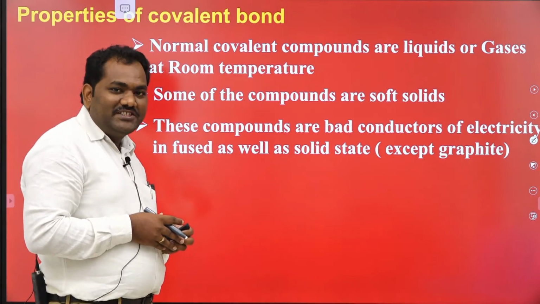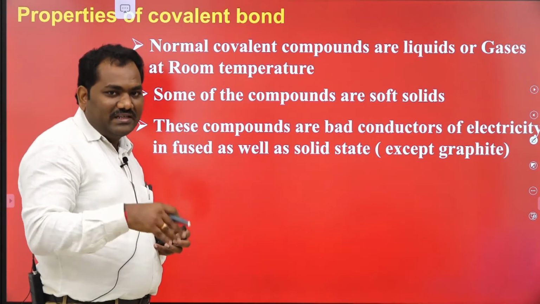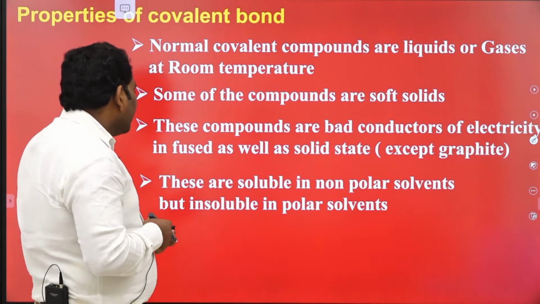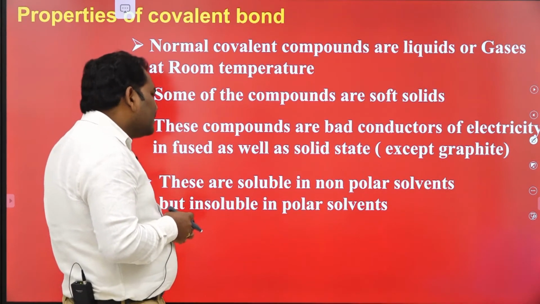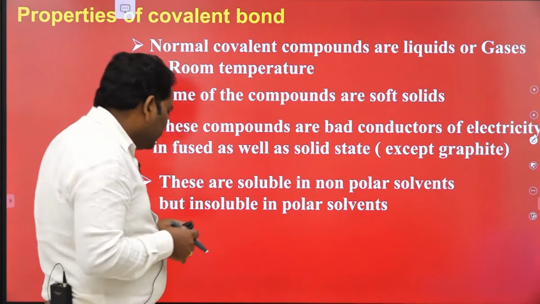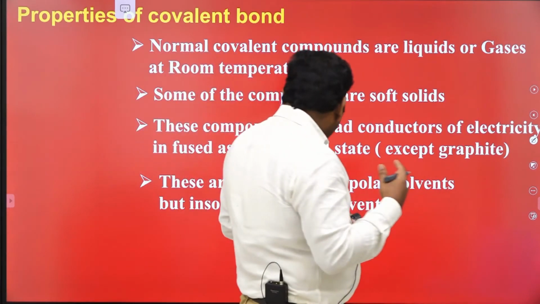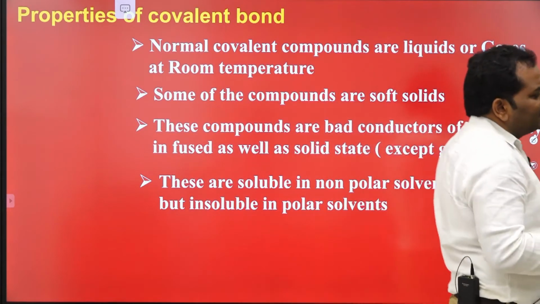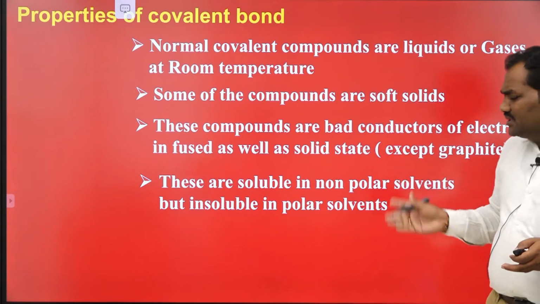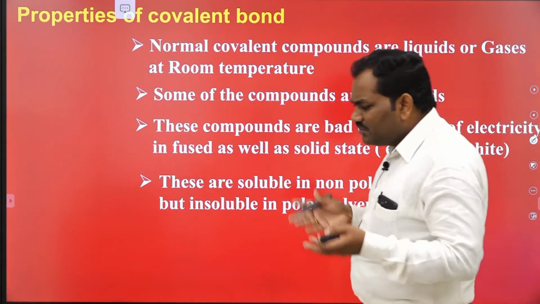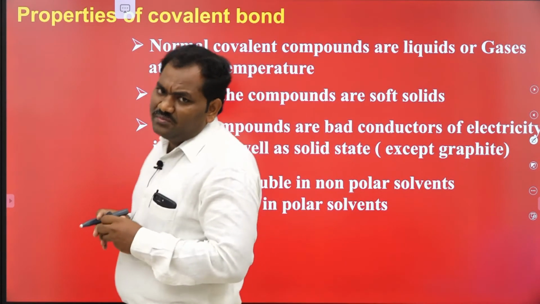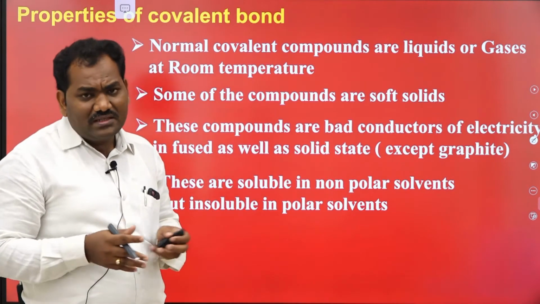Why does graphite exhibit conductivity? Later I will explain. Covalent compounds are soluble in non-polar solvents but insoluble in polar solvents. We know that polar compounds are soluble in polar solvents, and non-polar compounds are soluble in non-polar solvents.